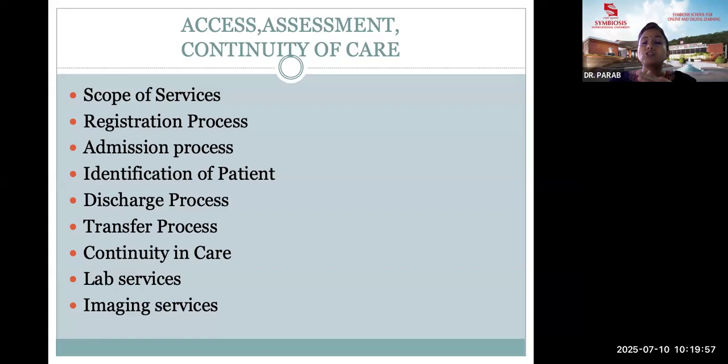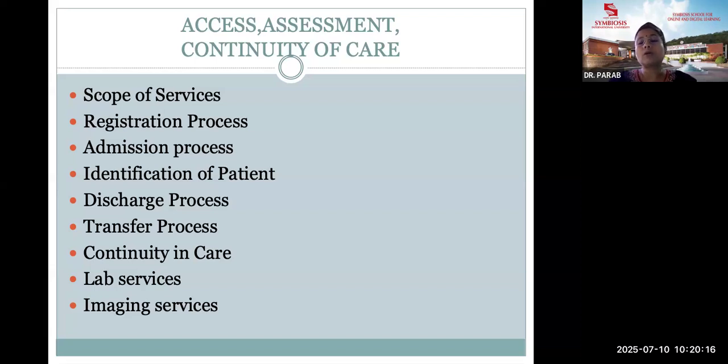credentialed and privileged doctors who report these tests, whether they are lab or imaging. It talks about, for imaging services, it also talks about radiation safety measures and the statutory regulations that go with the imaging services.